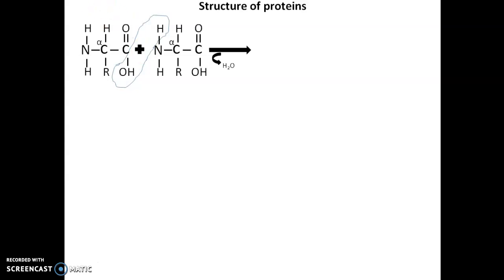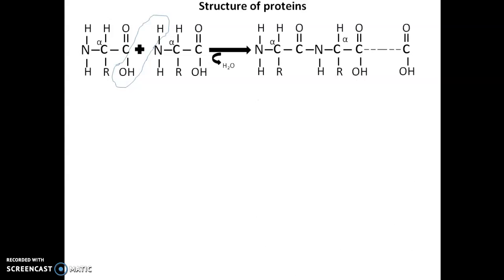And since the nitrogen of this amino acid has a lone electron pair, it attacks the carbon of this acyl group to form a peptide link or amide linkage. Thus, the reaction is called a nucleophilic acyl substitution reaction.